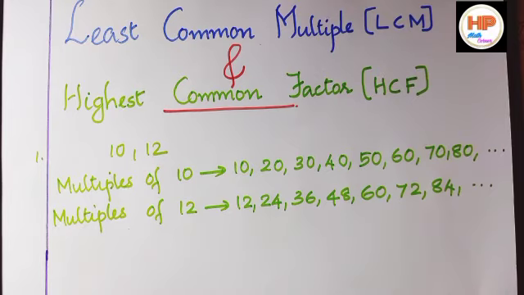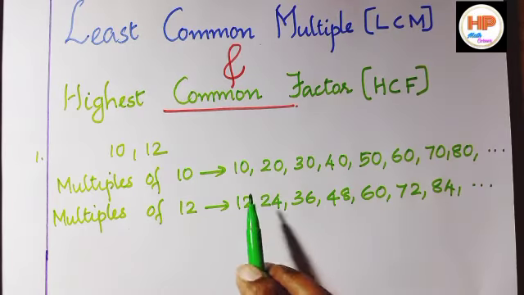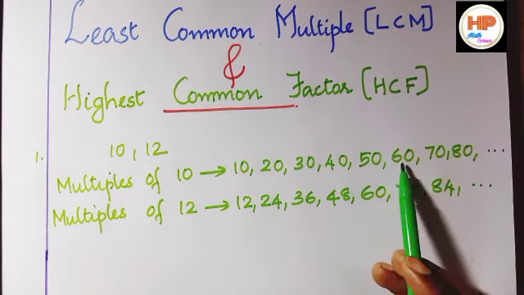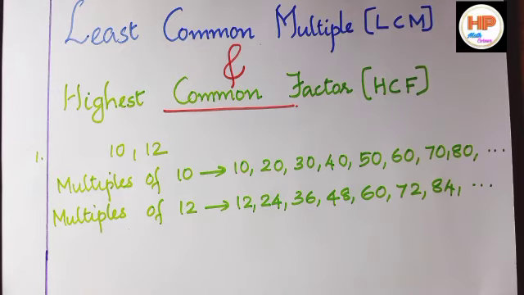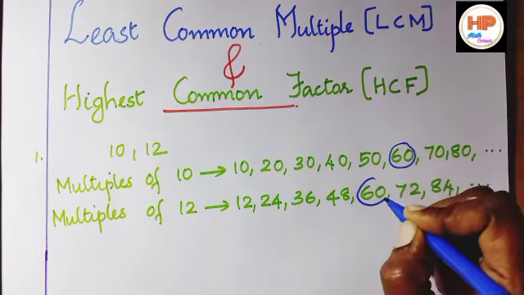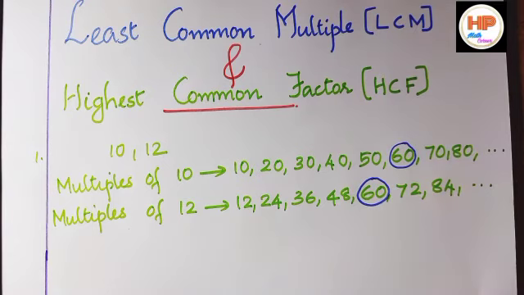Then we must take the common multiples from them. Okay, common multiples. Then let us have a look at the multiples of both the numbers. Is any number common? Yes, 60 is common. So, let us take 60. Any other number?